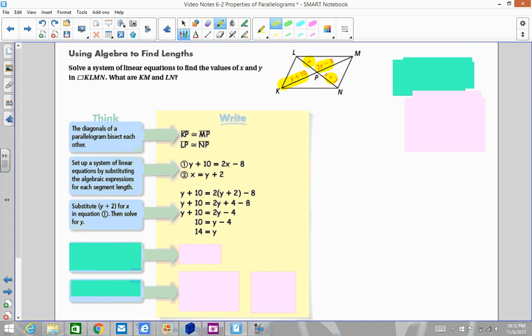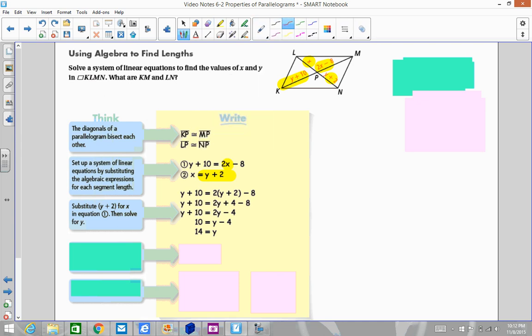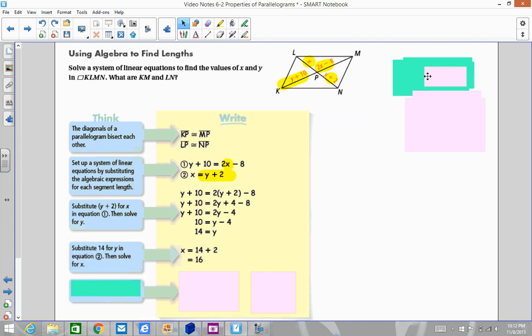This is x, and so it's going to go right there. All right, and so let's plug that in. Once you plug that in, you take out the x and replace it with y plus 2. You've got to distribute, and then you solve for y. Once you have y solved, then you plug it back into one of these equations so that you can get the x value. And so we plug it in, x is equal to 14 plus 2, we get 16.